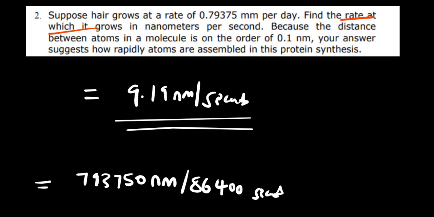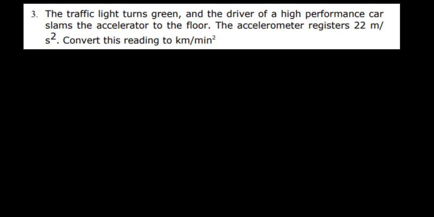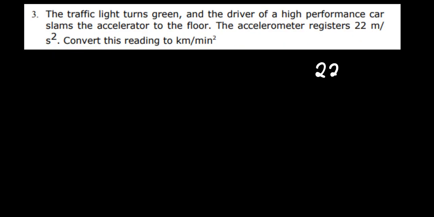Okay, so let's solve the third question. The traffic light turns green and the driver of a high performance car slams the accelerator to the floor. The accelerometer registers 22 meters per square second.